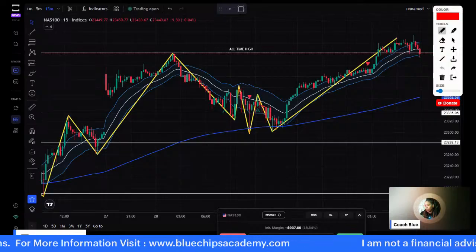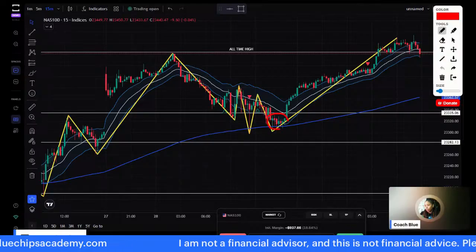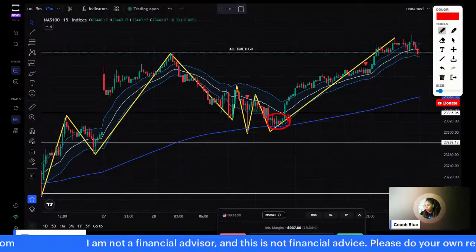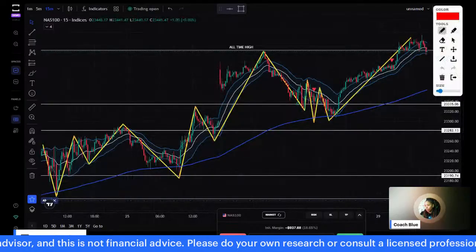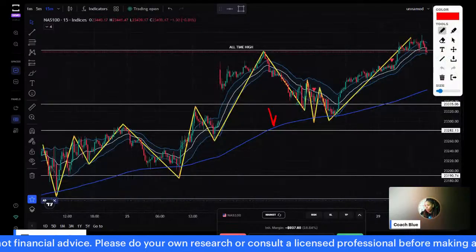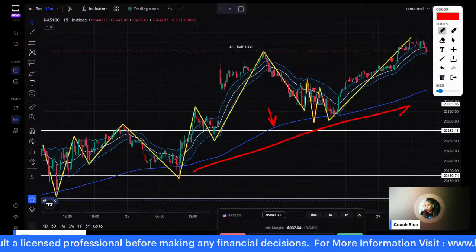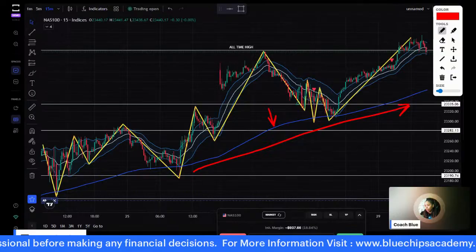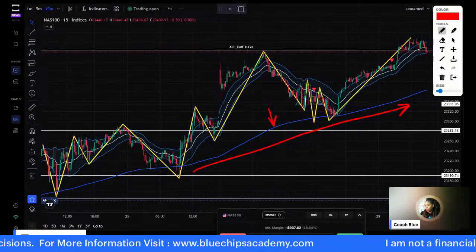What we see here is price came outside of the Keltner. First of all, let's go back. What's the direction of the 200? This blue line right here is our 200. Where are we going? To the upside. So the only thing I should be focused on is a buy.